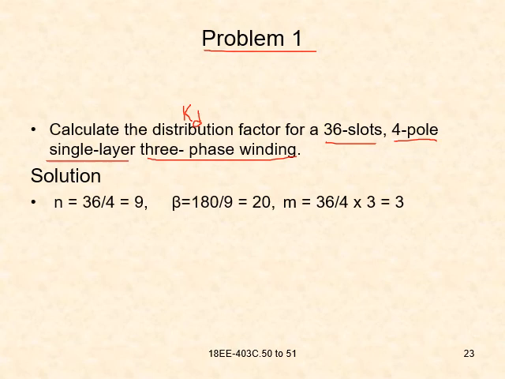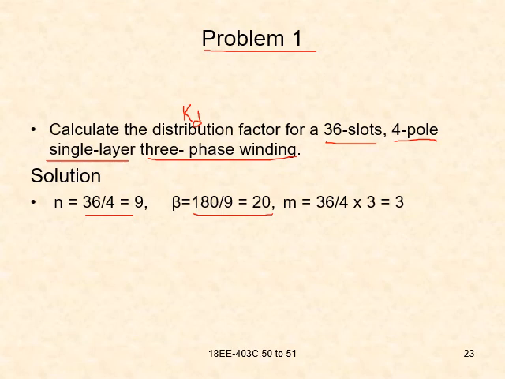The solution is, we know that n is equal to the number of slots per pole, that is equal to 36 by 4, that gets 9, and β is 180 degrees by 9, that is equal to 20. What is 9 actually?